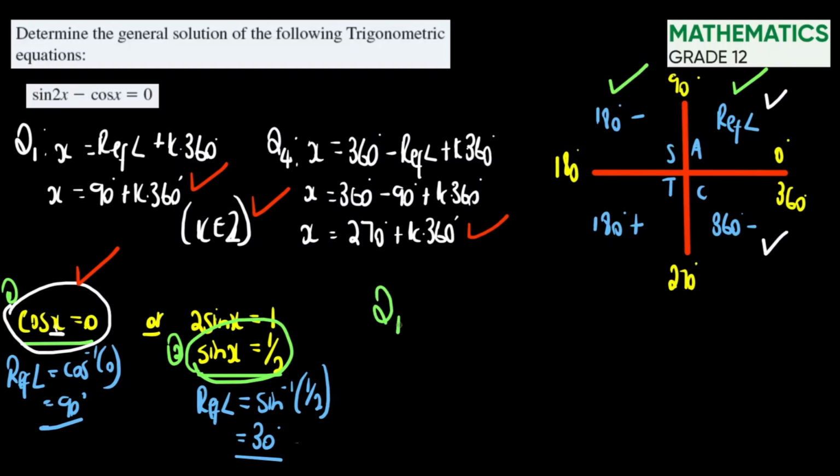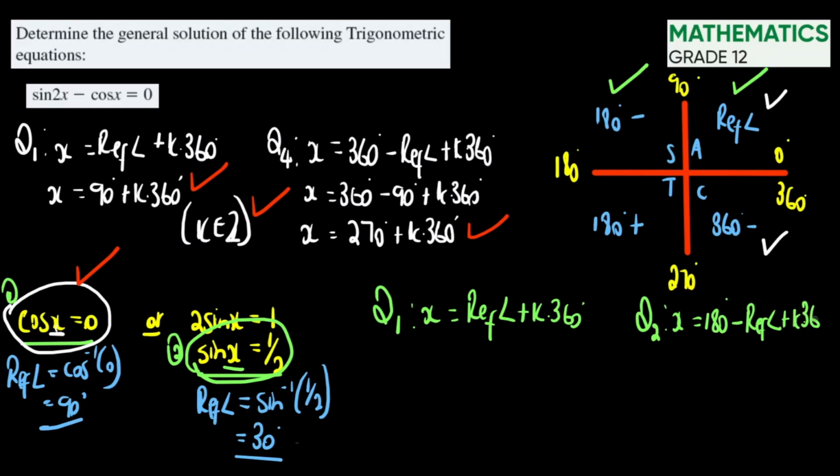So we'll be working with quadrant 1, where x is equal to the reference angle plus k times 360, and quadrant 2, where x is equal to 180 minus the reference angle plus k times 360 degrees. So we just substitute our reference angle, which is 30 degrees, plus k times 360.